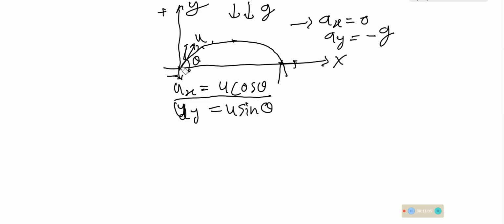This point is known as the point of projection, and the angle is the angle of projection, and the point where the particle hits the ground is known as the collision point or the hit point.